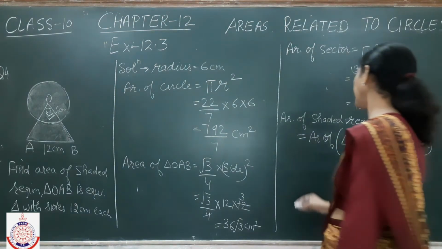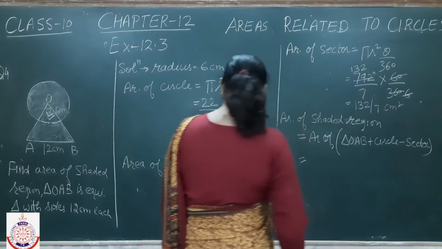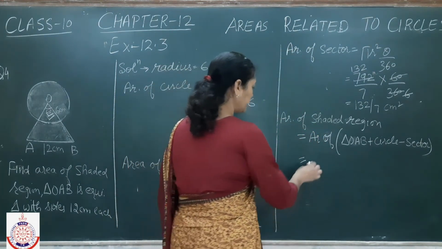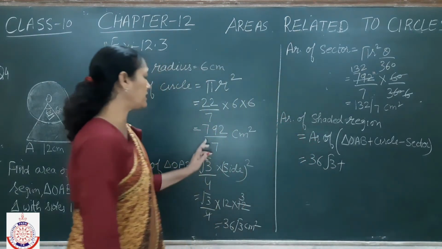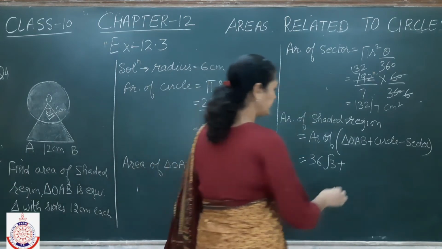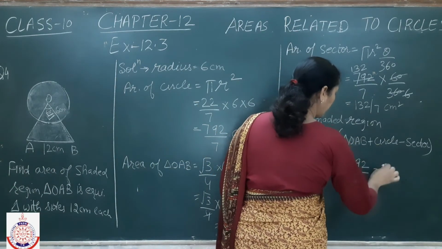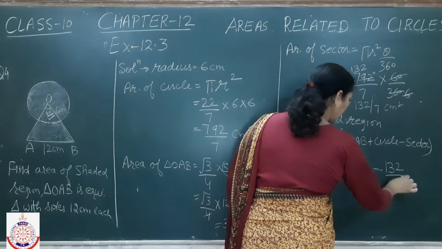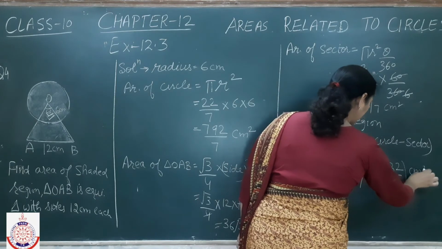Now the area of the shaded region: area of the triangle 36√3 plus area of the circle 792 upon 7 minus area of the sector 132 upon 7, all in centimeters square.